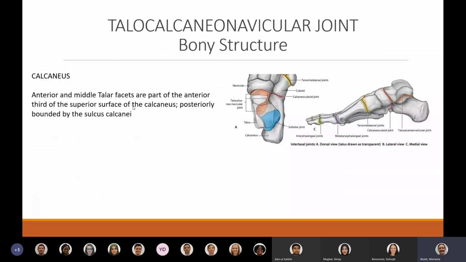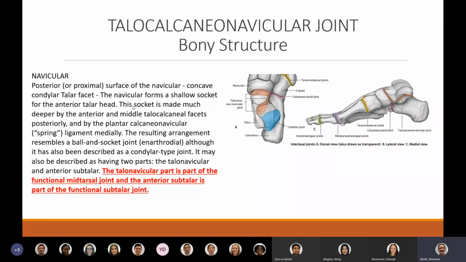There are a lot of things here. So what's important to know? The talocalcaneonavicular joint has a talonavicular part, and it also has a talocalcaneal part.